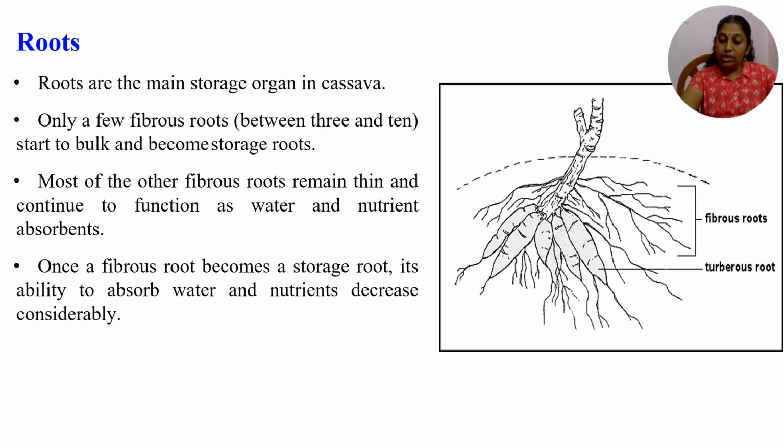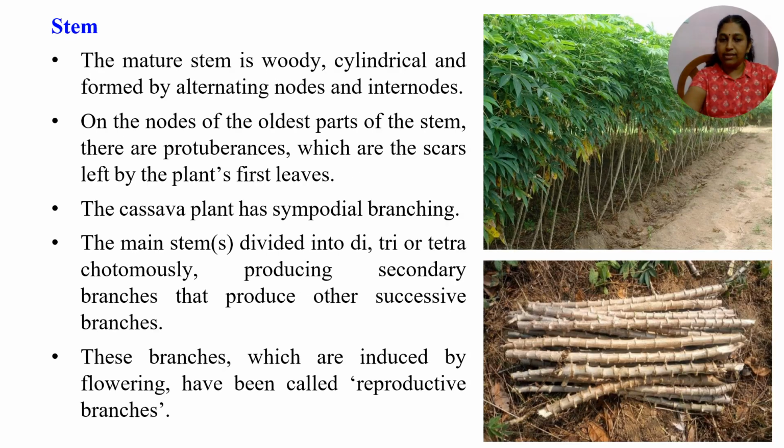The tuberous roots get converted into storage roots. Only a few fibrous roots will be converted into storage roots, and they lose their ability to absorb water and nutrients. Coming to the stem, the mature stem is woody, cylindrical, with alternating nodes and internodes.